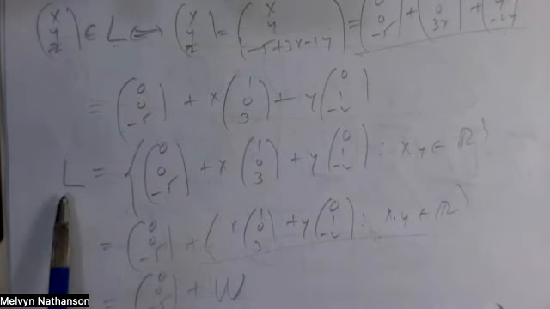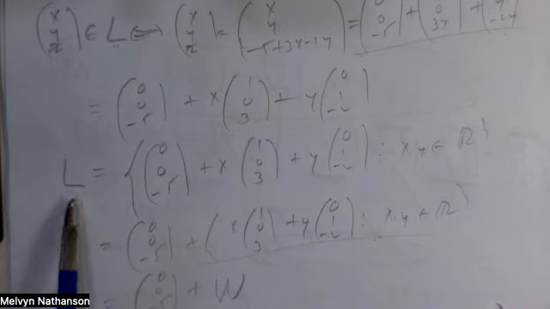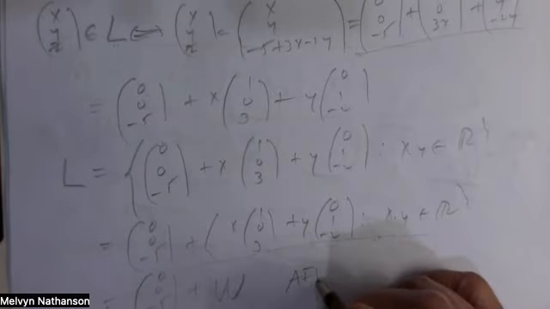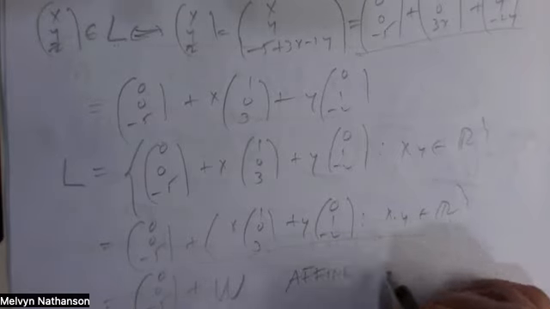So here I have the solution space of the inhomogeneous equation. It's a translate of the subspace W by this vector. So this is exactly in the form of what we call an affine subspace.